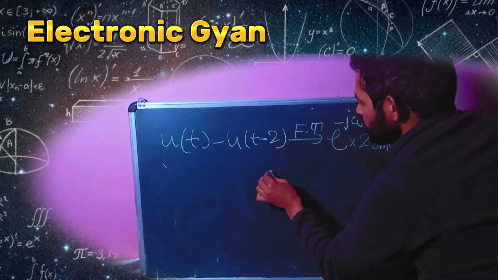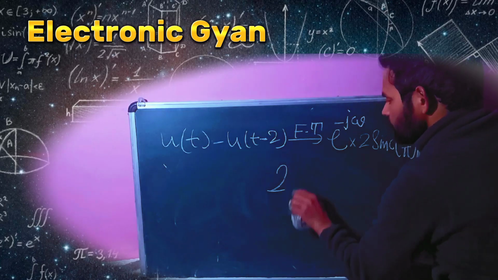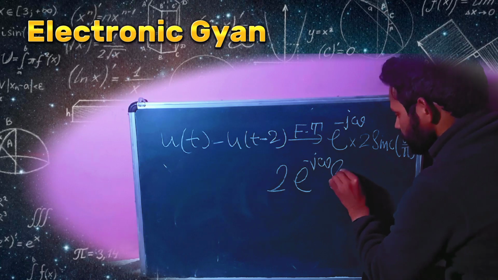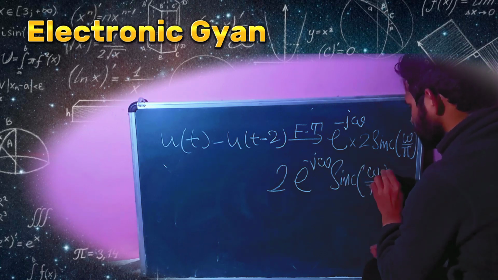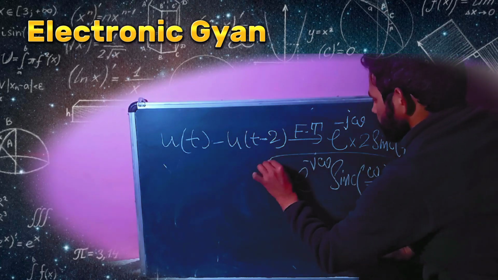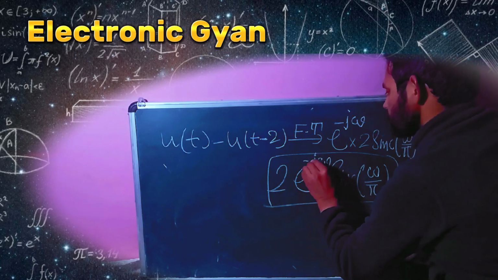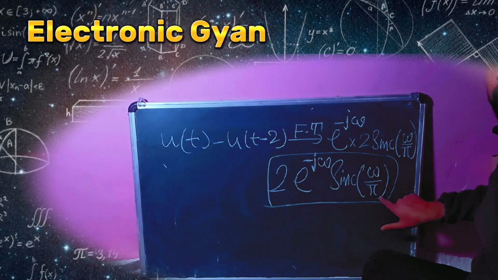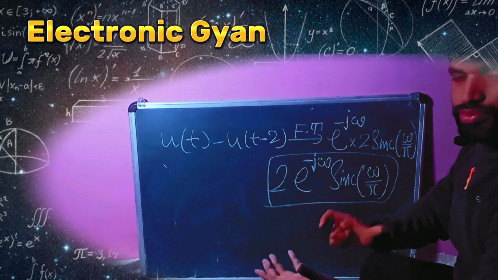So this is nothing but 2 into e to the power minus j omega into sinc omega by pi. This is the Fourier transform for this signal. So e to the power minus j omega sinc omega by pi is the Fourier transform for this signal. In this way we can find the Fourier transform.